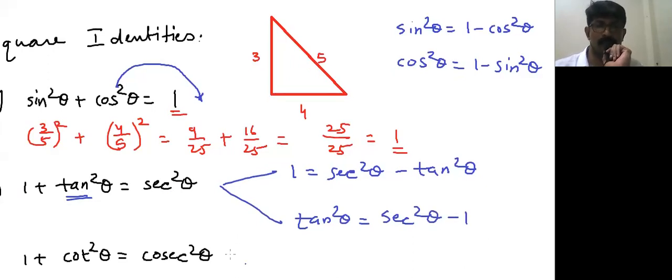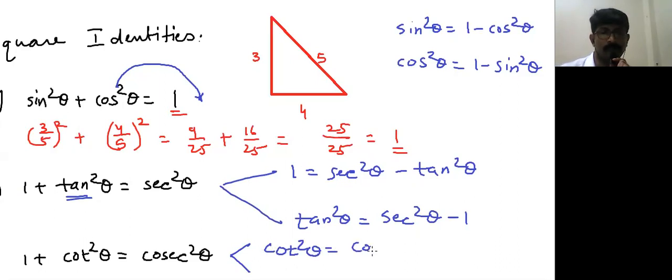And the last one I'll give to you all to write down on your own. Cot square theta can be written as cosec square theta minus 1, or 1 is equal to cosec square theta minus cot square theta, isn't it?